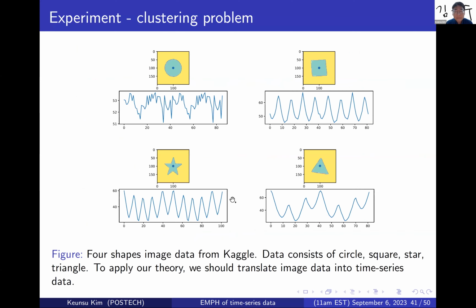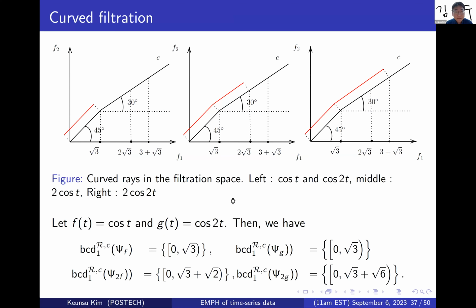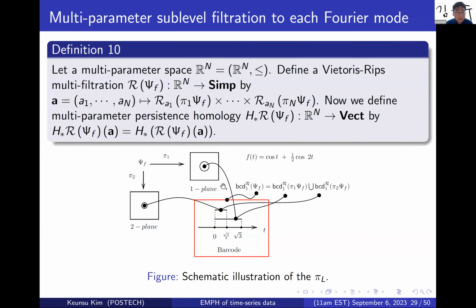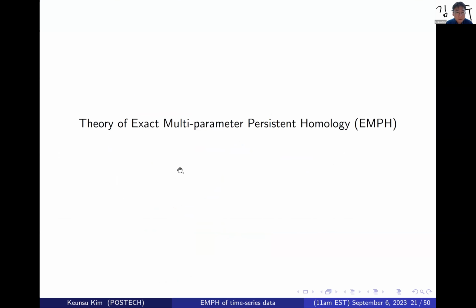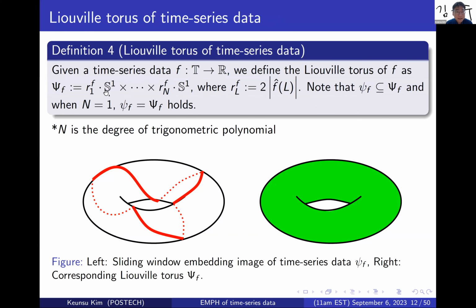Where is the definition? This is the definition. R_L is twice the modulus of the L-th Fourier coefficient. So given time series data, we apply the fast Fourier transform, then we calculate the R_L, so we can calculate the Liouville torus.